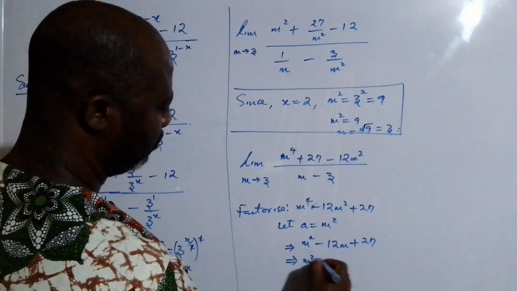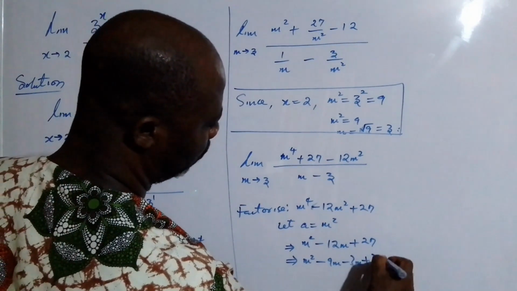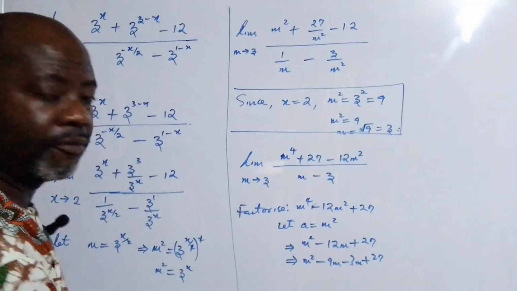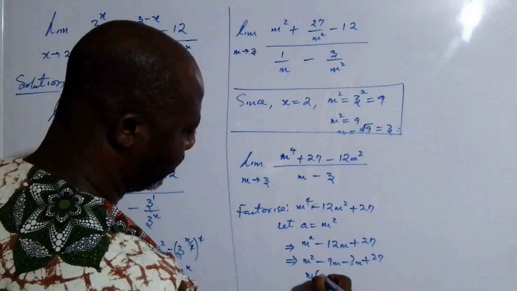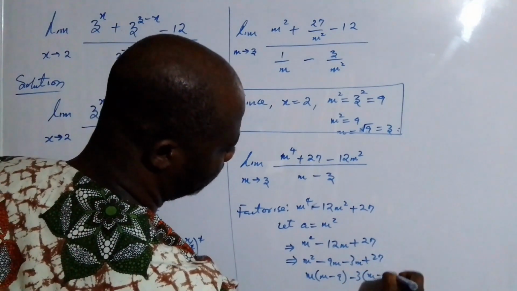If I factorize this, this will give me a squared minus 9a minus 3a plus 27. This further gives me a bracket a minus 9 minus 3 bracket a minus 9.